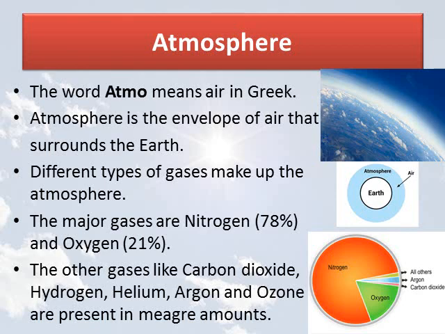The other gases like carbon dioxide, hydrogen, helium, argon and ozone are also present in meager amounts. Compared to nitrogen and oxygen, these other gases are in very little amounts.